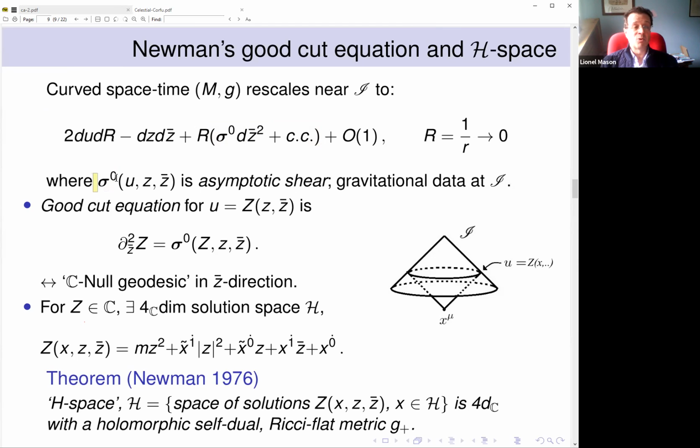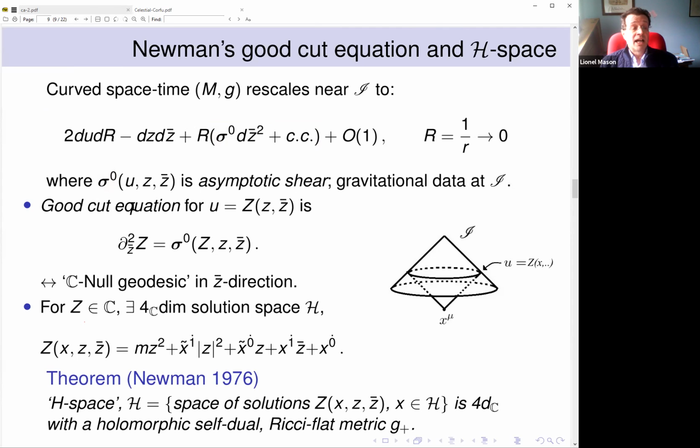This sigma naught is usually called C_{z̄z̄} or something. But this is the asymptotic shear of the cut of Scri, u equals constant. So as you get out to infinity, this thing is shearing.